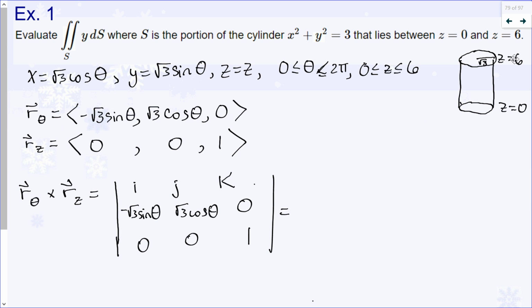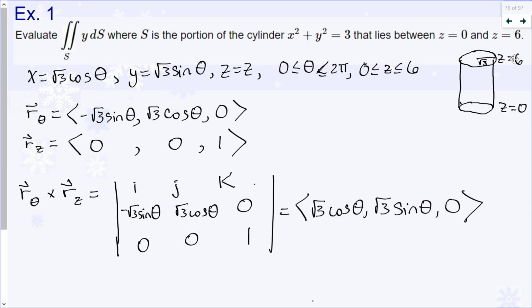So what I get for my cross product is radical 3 cosine theta, radical 3 sine theta, and then 0. And I get that for i by crossing out the row and the column that i is in. And you can see by doing the determinant, I get radical 3 cosine theta. And then just going across, doing that for j and k.